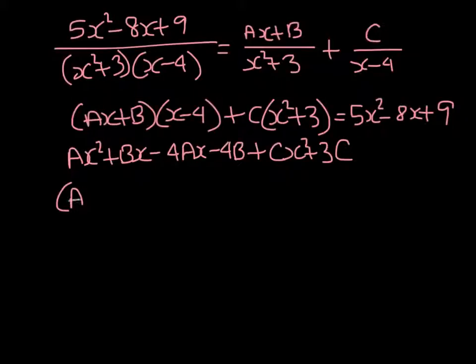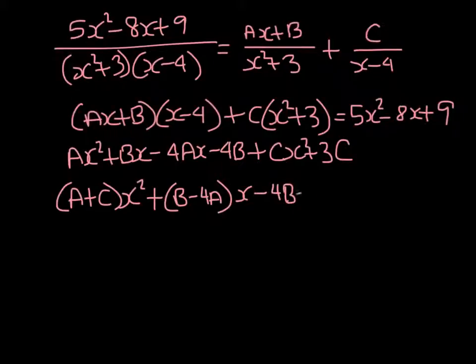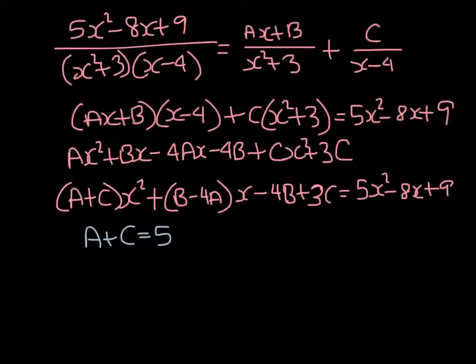So we get a plus c times x squared plus b minus 4a times x minus 4b plus 3c equals 5x squared minus 8x plus 9. And what this implies is that a plus c must equal 5 in order for the coefficients to be equal, and b minus 4a must equal negative 8, and negative 4b plus 3c must equal 9.